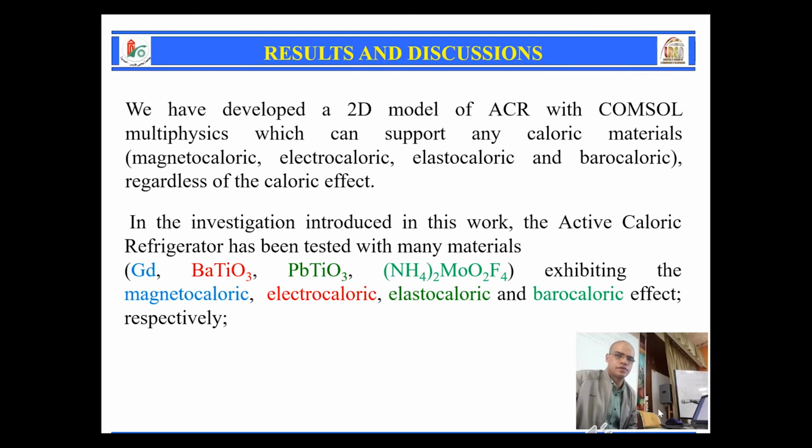In the investigation introduced in this work, the active caloric regenerator has been tested with many materials, for example, gadolinium for magnetocaloric materials, electrocaloric, elastocaloric, and barocaloric, respectively.